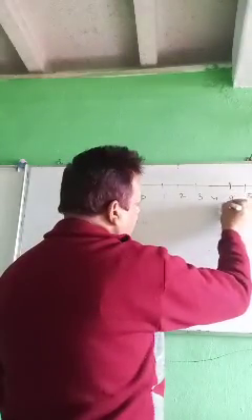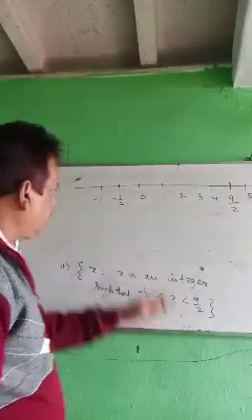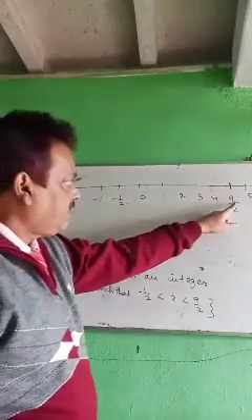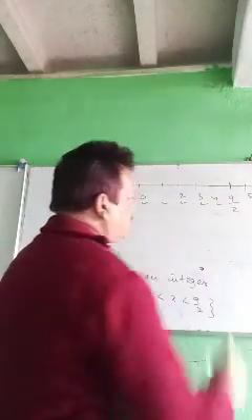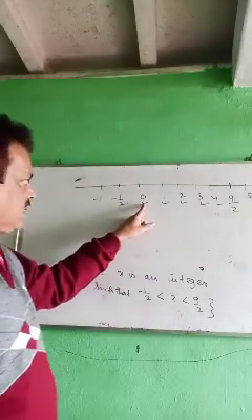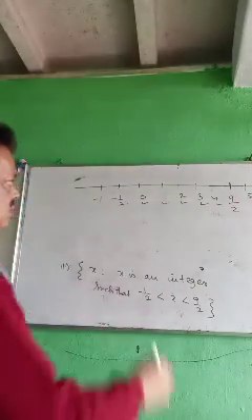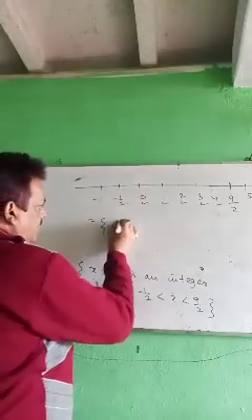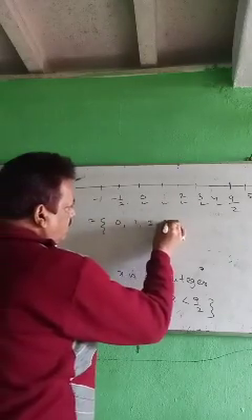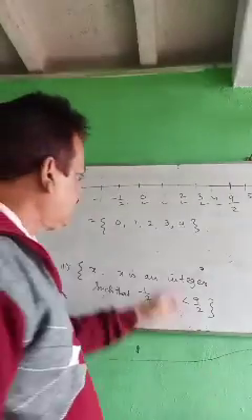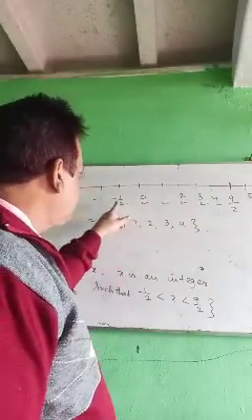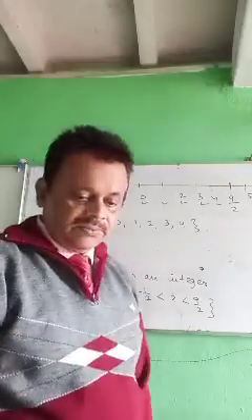This is your 9 by 2. Between minus half and 9 by 2, you have to take all the integers. Fractions we are not considering, only integers. So what are the elements here now? 0, 1, 2, 3, 4. Okay. So all the integers between minus half and 9 by 2.